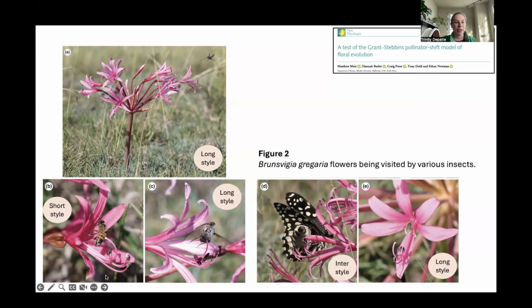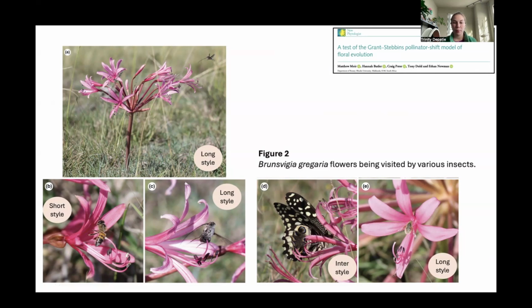Here in panel B, we have a short-styled plant with a honeybee, and we can see there's pollinator matching because as the pollinator moves backwards out of this flower, this honeybee is actually depositing pollen on the tip of the style called the stigma.